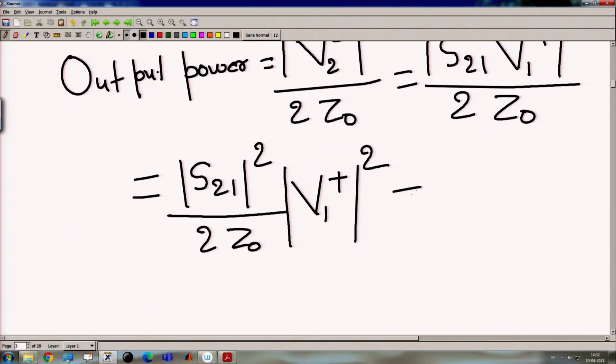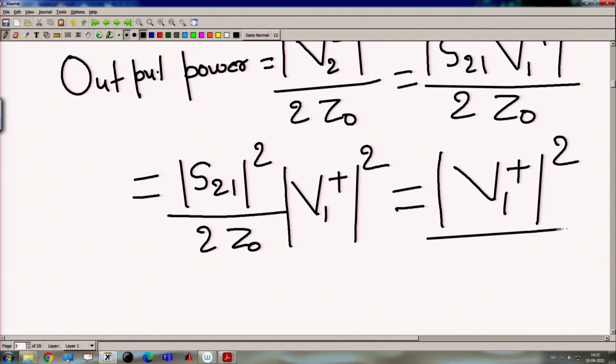So this S21 is 1 by root 2, so this will be equal to V1 plus whole square divided by 4 Z naught. So this is the output power, which is minus 3 dB of the input power.